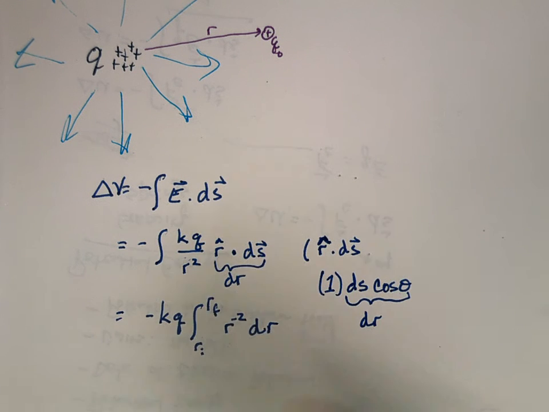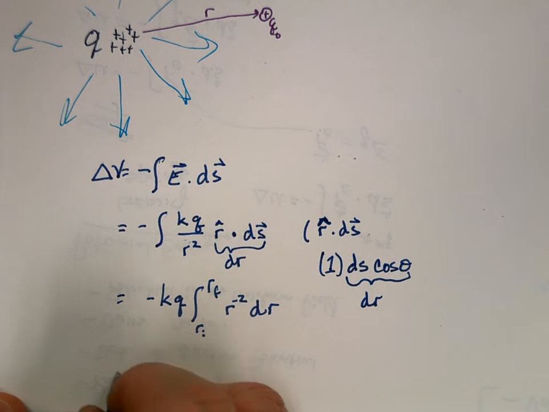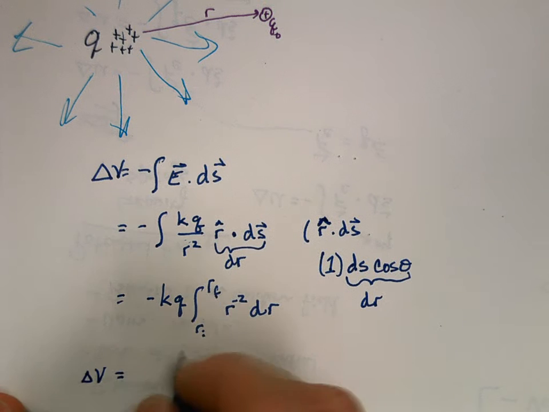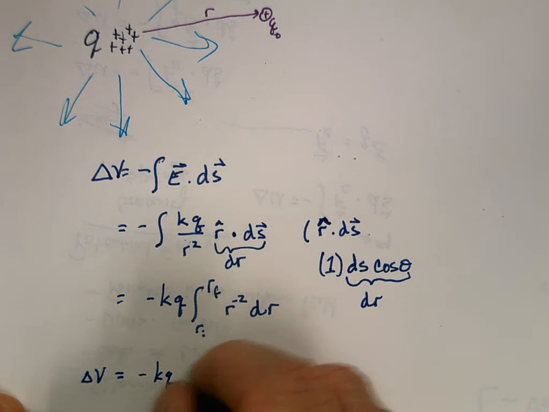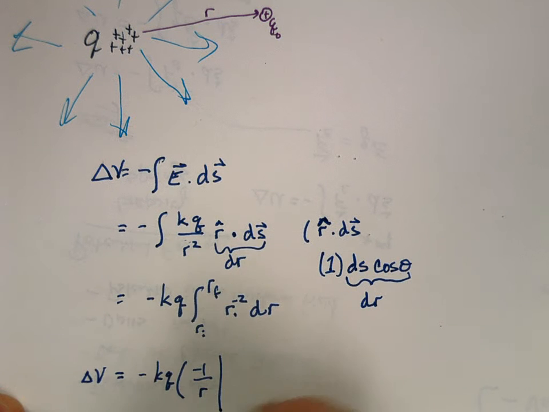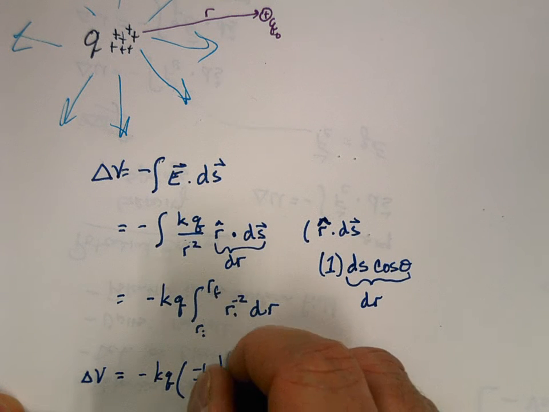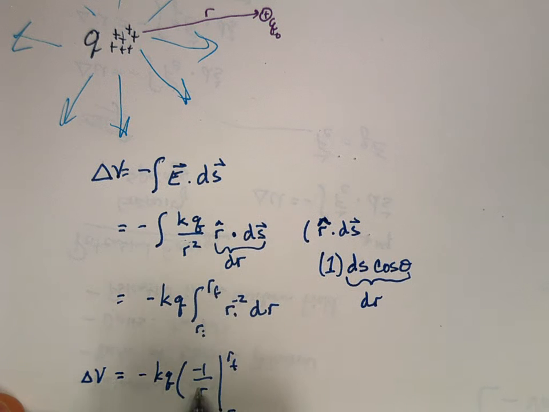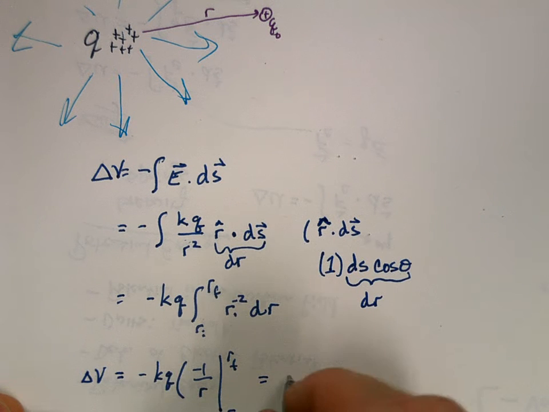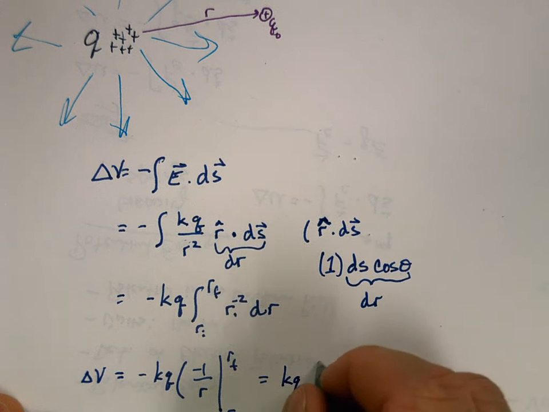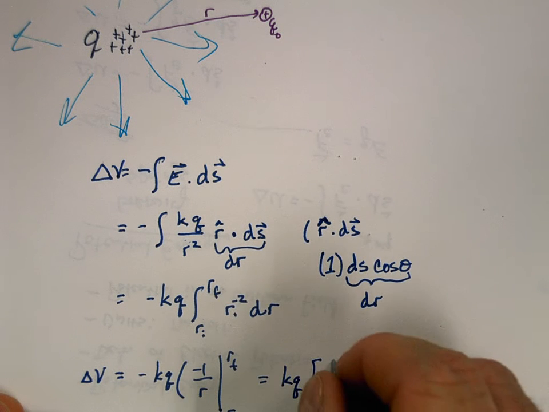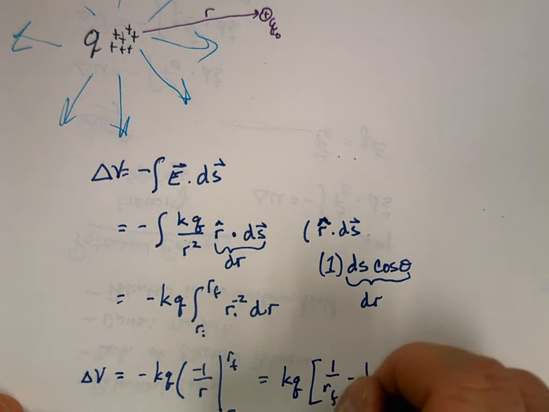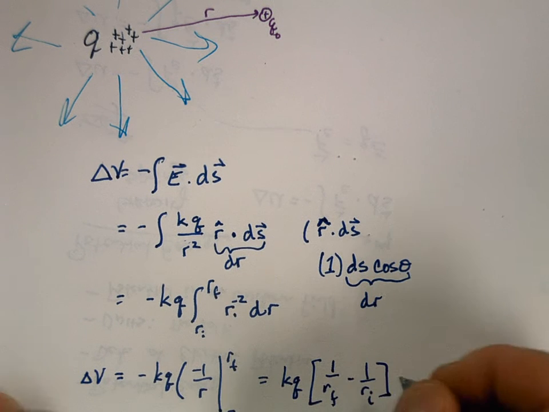This is a relatively simple integral from here on out, and it gives our delta V equals negative kQ times negative 1 over r, evaluated from r initial to r final. The negative can pull out, so we get kQ, and in brackets, 1 over r final minus 1 over r initial.